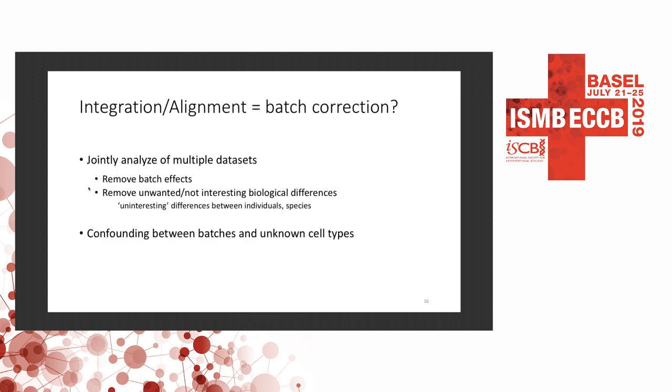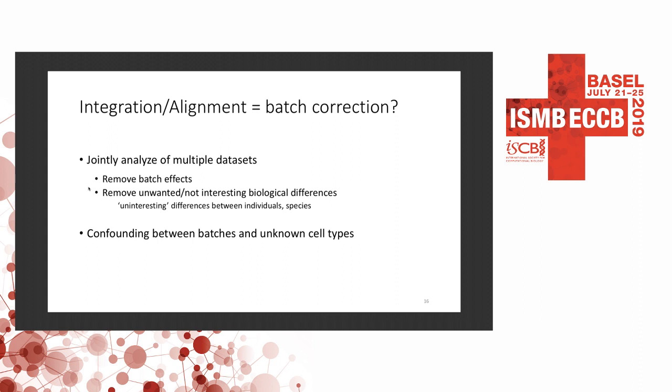Is data integration and alignment a batch correction problem? If our goal is to remove the technical differences, then that's a batch correction problem. And people also use it to remove unwanted or not interesting biological differences.